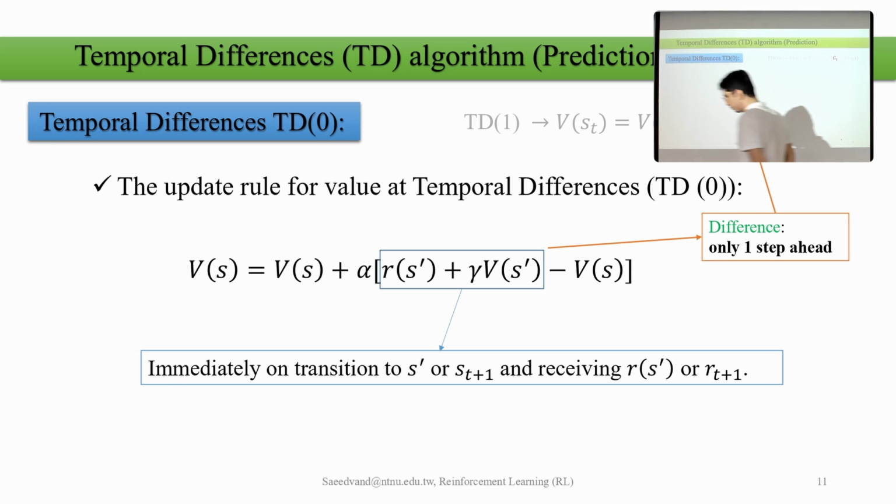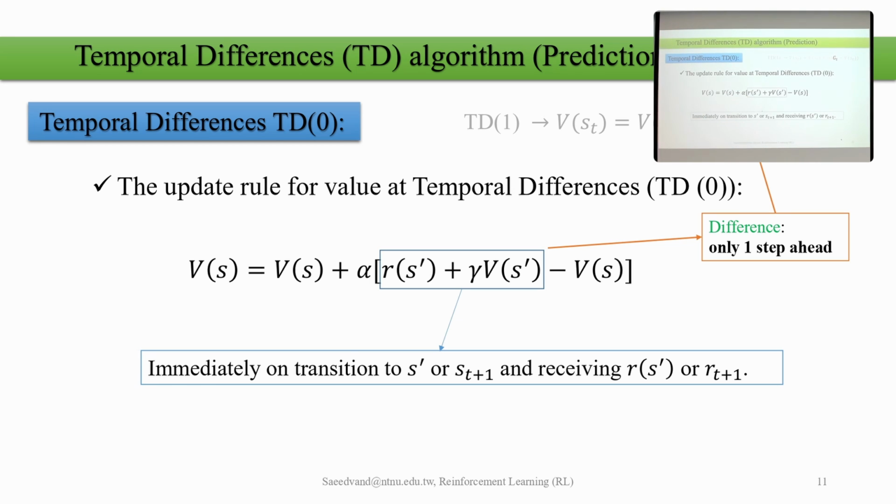What we need to do, simply, is use the same equation that we had for TD1, find it in your mind. That was value ST is equal to value ST added by the learning rate times GT minus V(ST). Now we need to replace this GT with what? With this term over here.